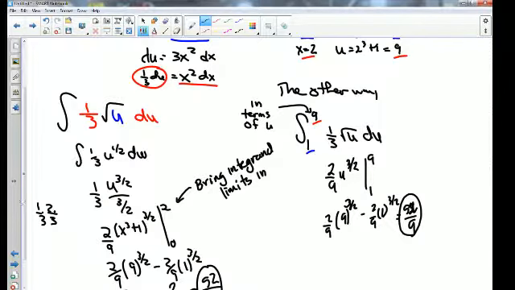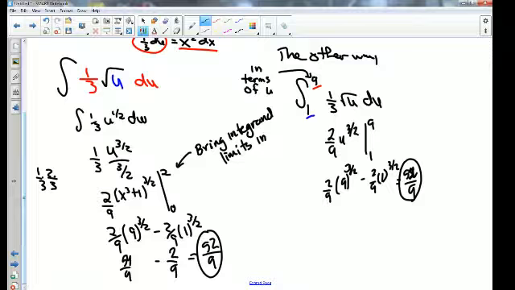Would they give you the equation the other way, like 1/3 times the square root of u du?